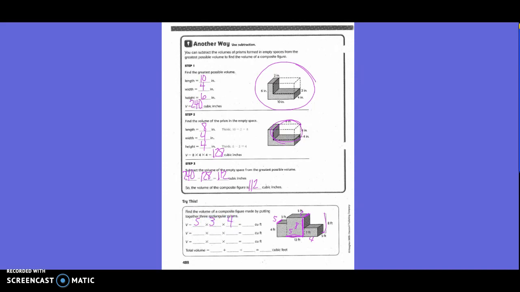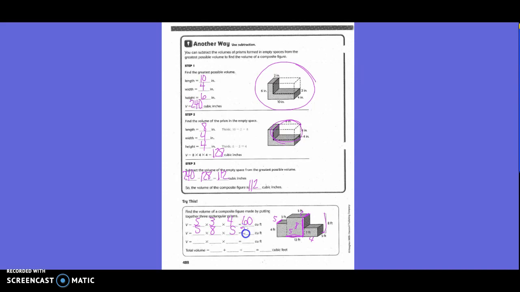So 5 times 3 is 15, times 4 is 60. Our next one we said was 5 by 8 by 5. Okay. So 5 times 5 is 25. 8 quarters is 200, right?